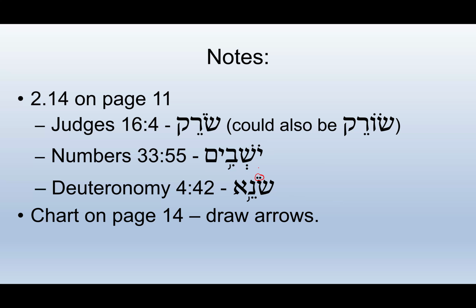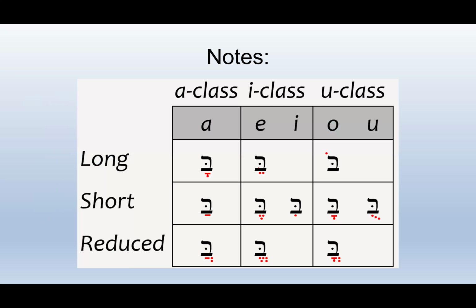The other thing that I wanted to touch base on from last week was also on page 14. There's a chart with vowels there, and I asked you to draw arrows to what vowels can lengthen to and what they can reduce to, because vowels will lengthen and vowels will reduce. And so the first one, I'd give you a visual here.